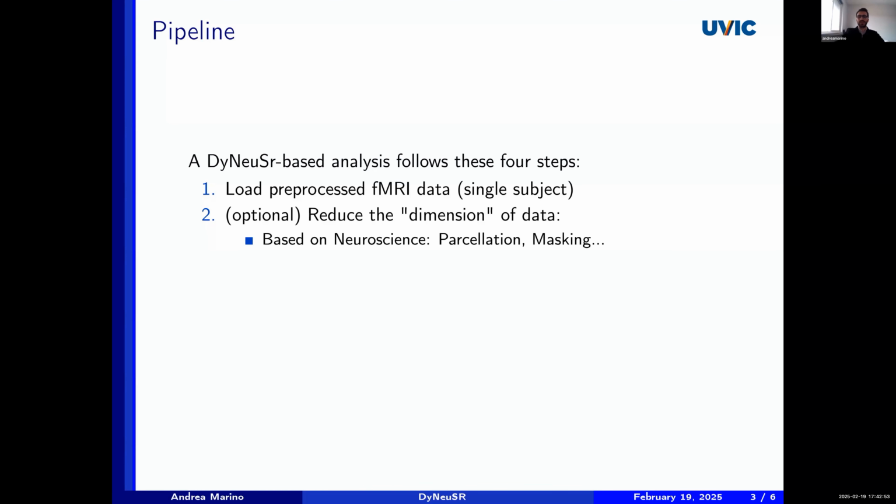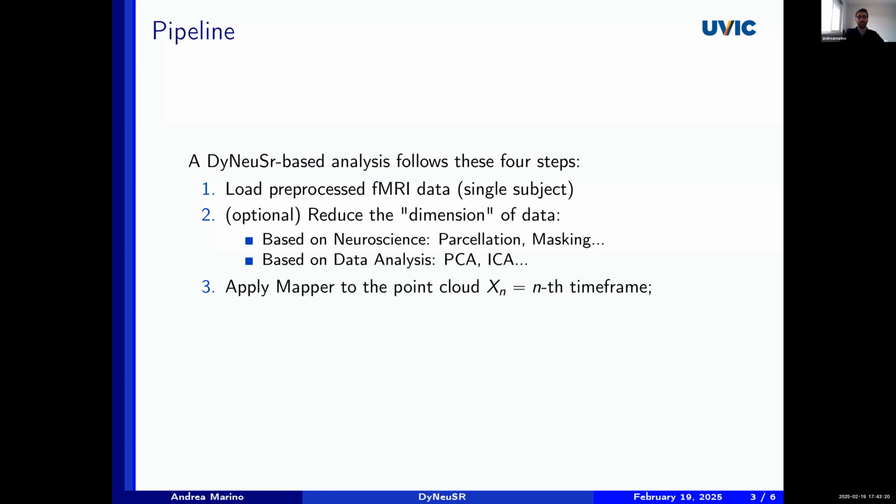So we just extract some voxels from an area of interest, or we can use parcellation by averaging neural activity in brain areas, so using an atlas of the brain, or we can use some methods drawing from data analysis, PCA, ICA, and so on and so forth.